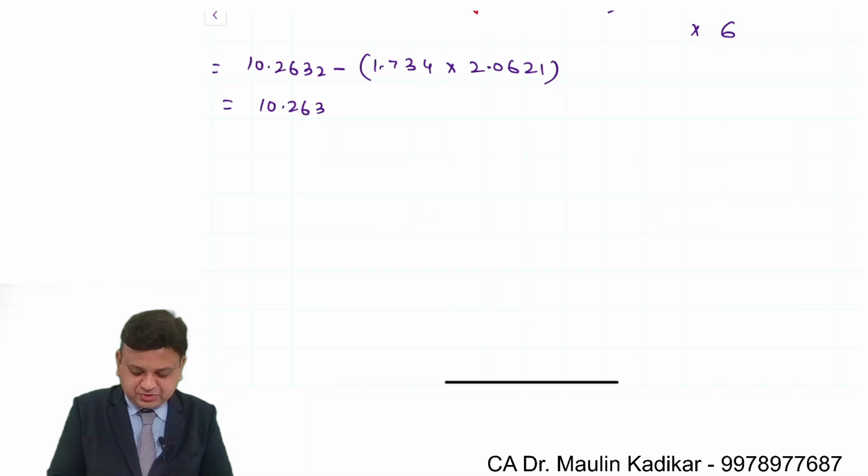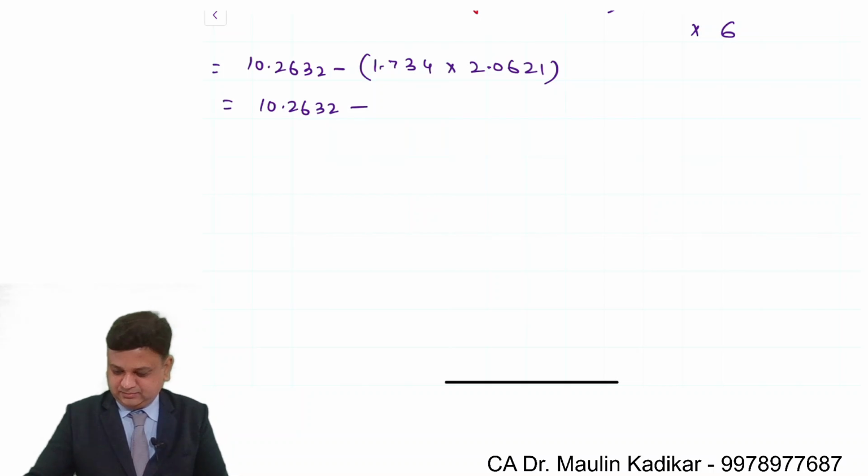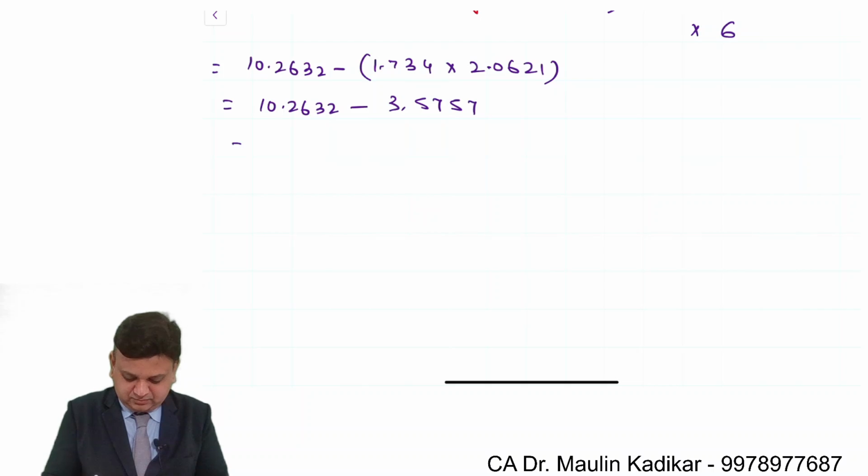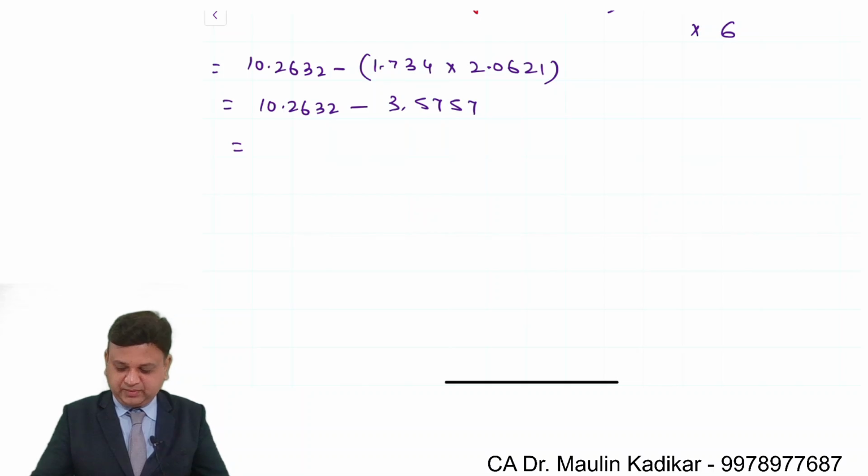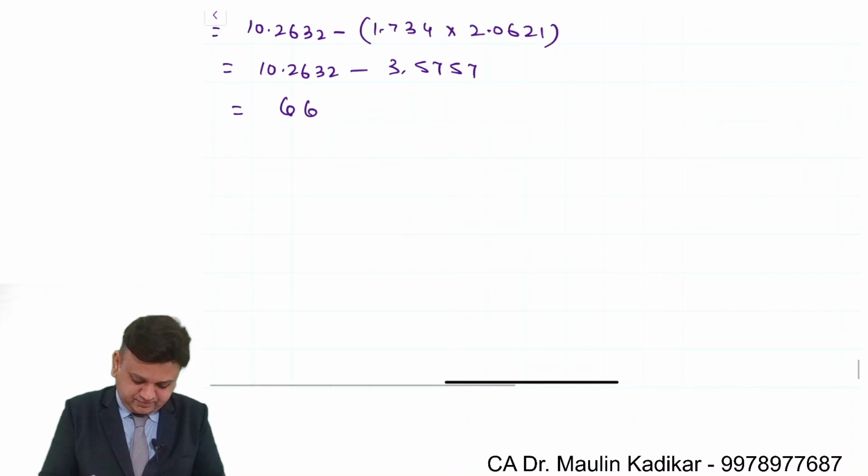So 10.2632 minus 3.5757. 10.2632 minus 3.5757, so 6.6875.